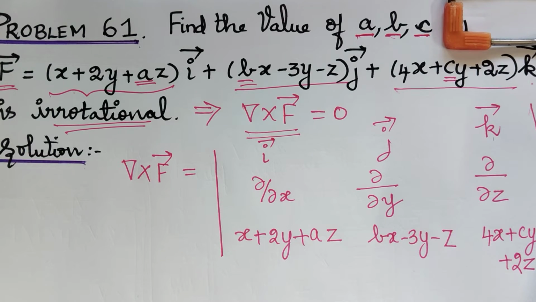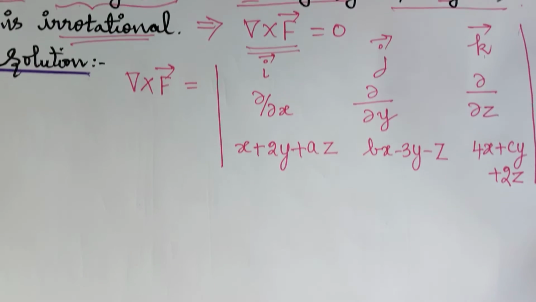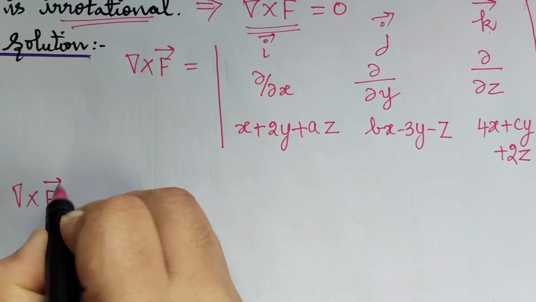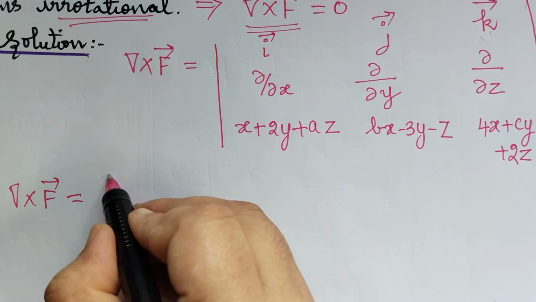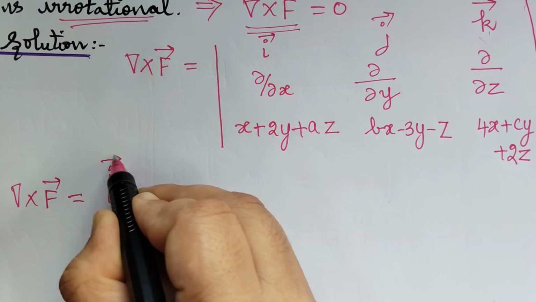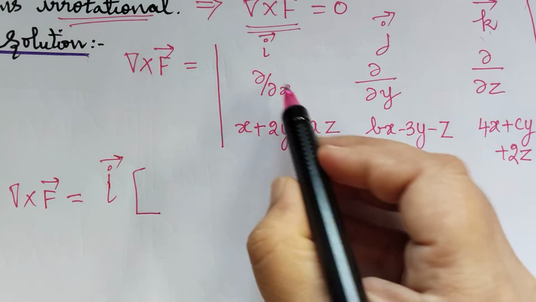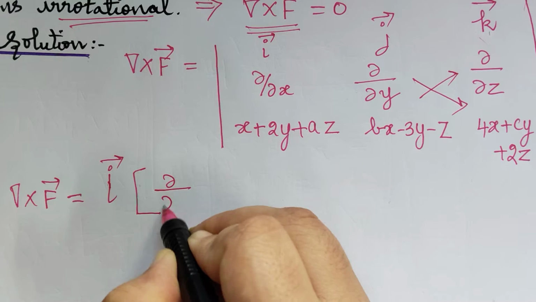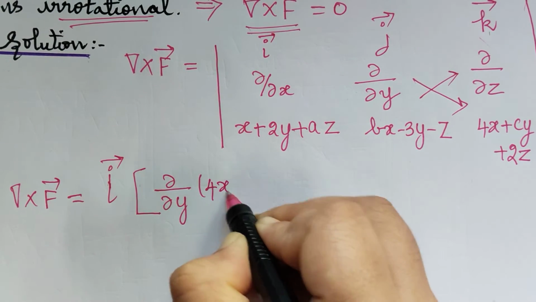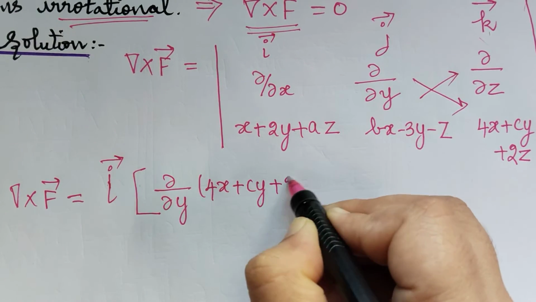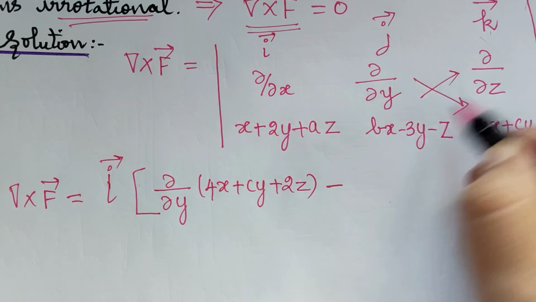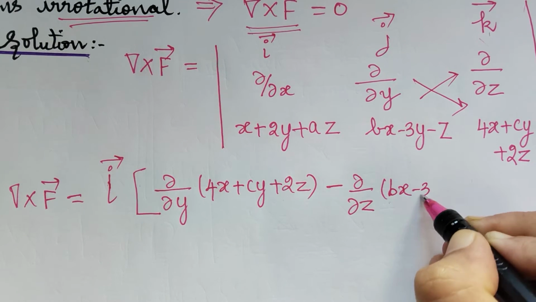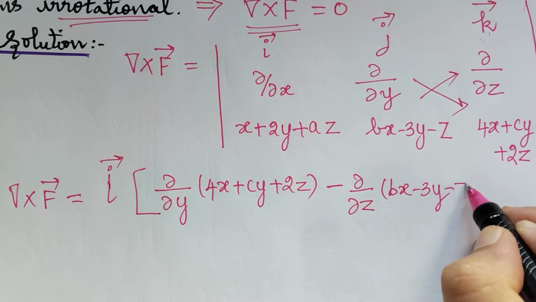So we have to find the determinant of this. So del cross F vector is equal to the determinant of this, which will be, first we have i vector multiplied with this into this minus this into this. So dou by dou y of 4x plus cy plus 2z minus dou by dou z of bx minus 3y minus z.